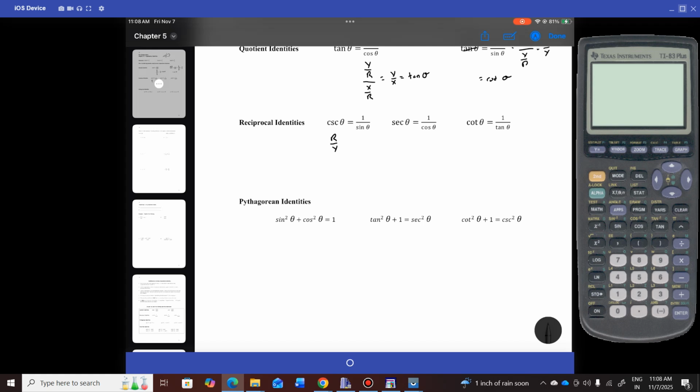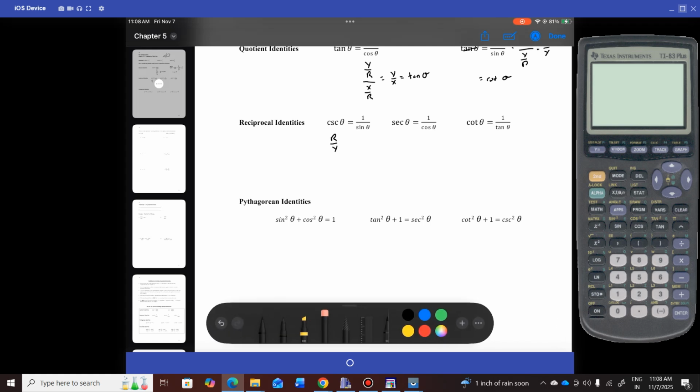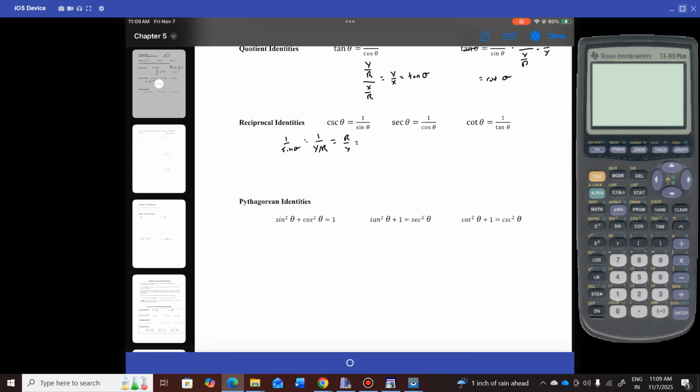Actually, I want to start the other way. Start with 1 over sine. I'll do it this way. 1 over sine theta is 1 over y over r. And so when you divide by a fraction, you flip it. So this is r over y, which is cosecant theta.